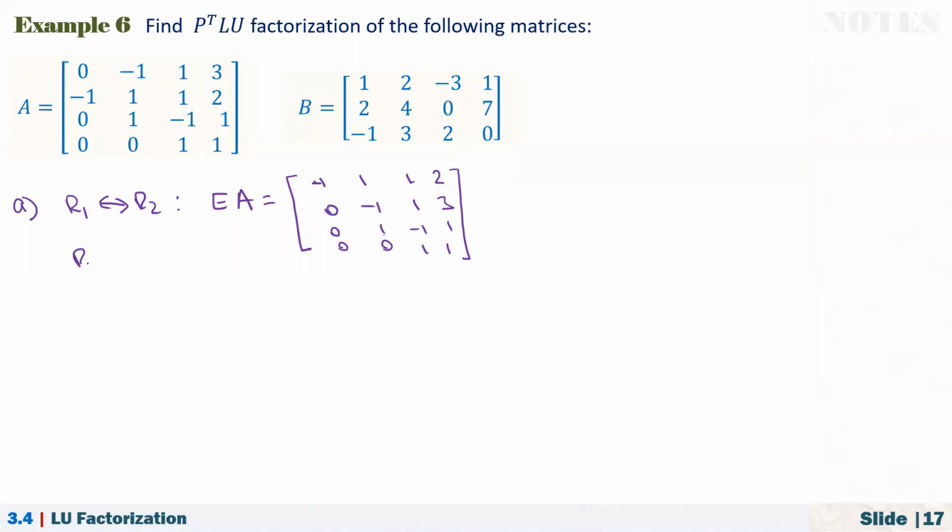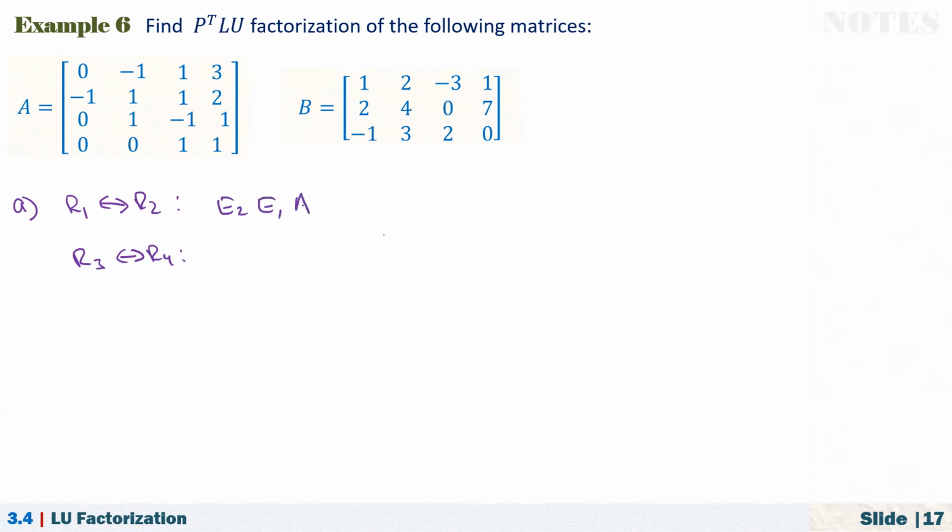So also I need this operation, R3 with R4. Okay. So if I do so, let me just rewrite this. So that is E2, E1A.